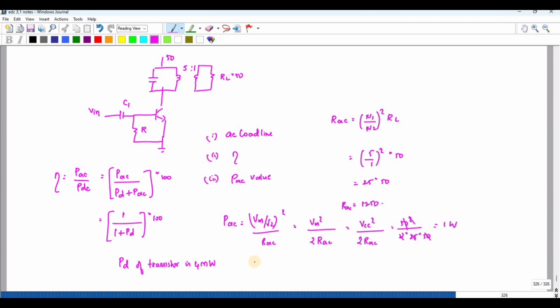So you will get 1 divided by 1 plus 4 milli into 100. So the conversion efficiency value is 99.6%.